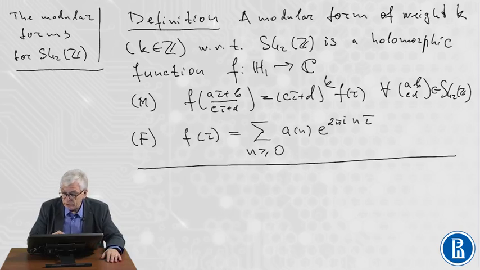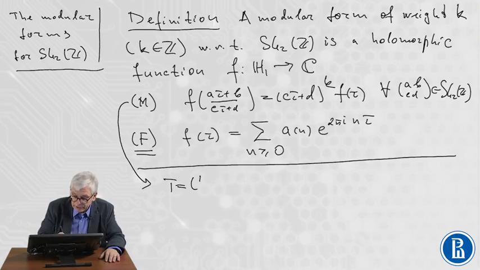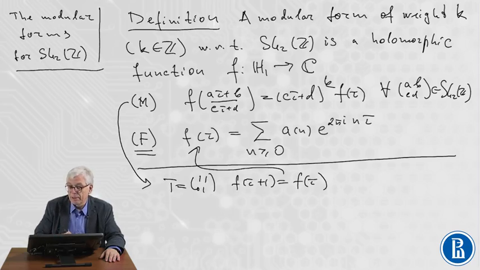And first of all, why do we need this additional condition on the Fourier expansion? First of all, according to the first equation for the translation T, f is periodic, and we consider the Fourier expansion.